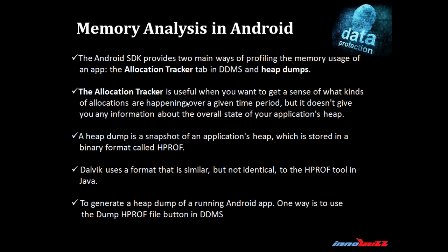A heap dump is a snapshot of an application's heap which is stored in a binary format called hprof. Dalvik uses a format that is similar but not identical to the hprof format in Java. To generate a heap dump of a running Android app, one way is to use the dump hprof file button in DDMS.